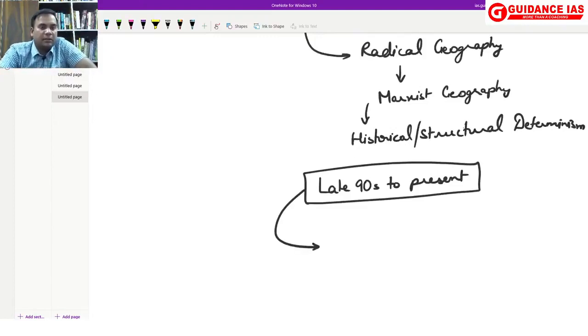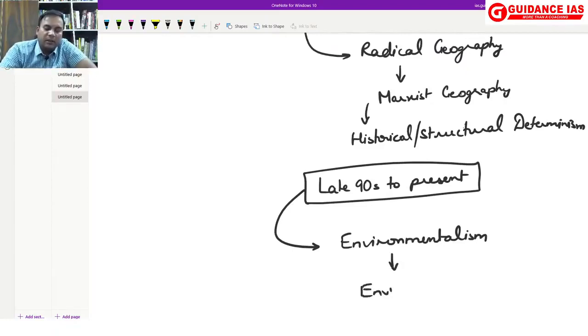The latest paradigm is environmentalism, and we will see that environmentalism is essentially another form of environmental determinism. बाद में हम उसको पढ़ेंगे, we'll see that it is nothing but a kind of environmental determinism. So there is still this philosophy of environmental determinism which is the base of environmentalism.